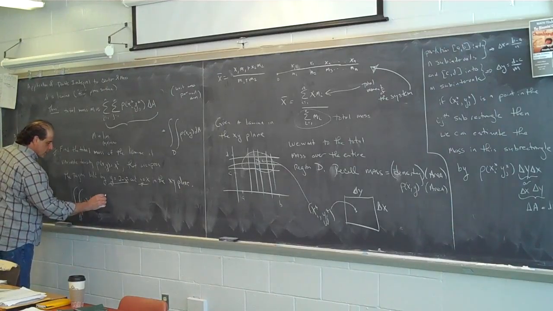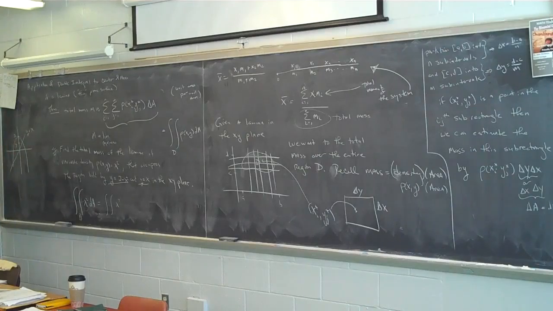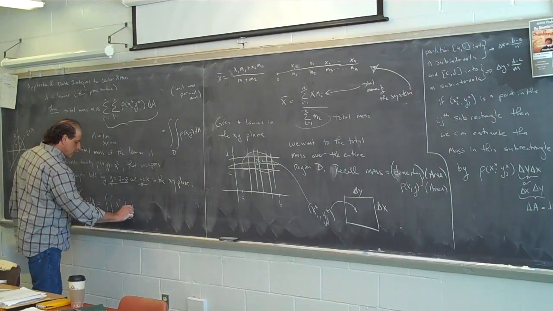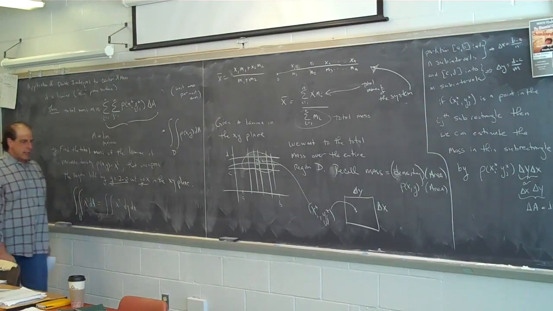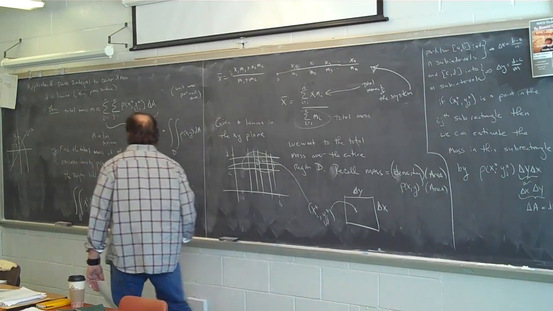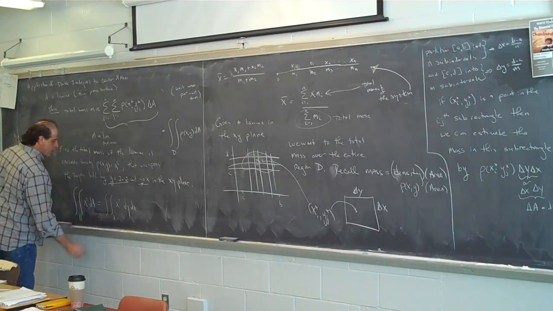So, let's see. So this is the integral of x squared. And what do you think? Type 1, type 2? Type 1. So we're going to go dy dx. The lower limit is going to be this guy, the line, y equals x.